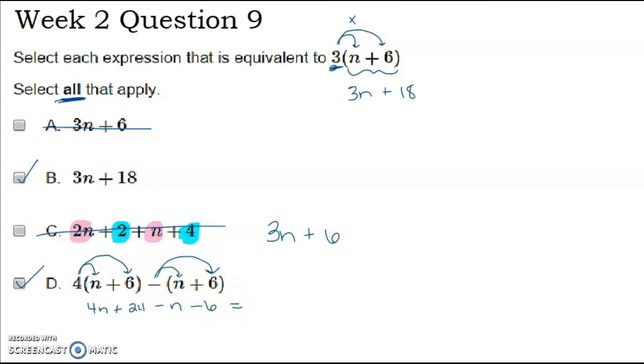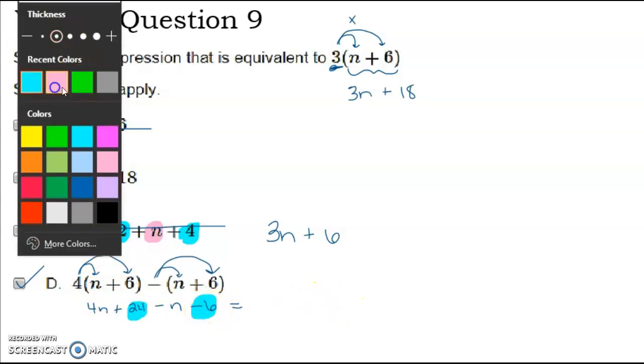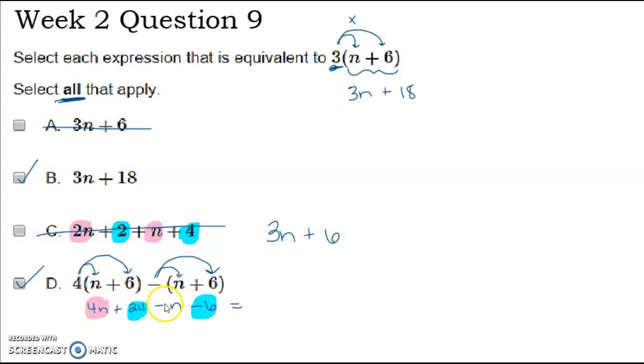Again, I haven't taught you this, so I'm going to combine some like terms here. I know that 24 and negative 6 are just numbers, and I know that 4n and negative n are my n terms. If I have 4n and I take away 1, that's 3n. 24 and I take away 6, that's 18.